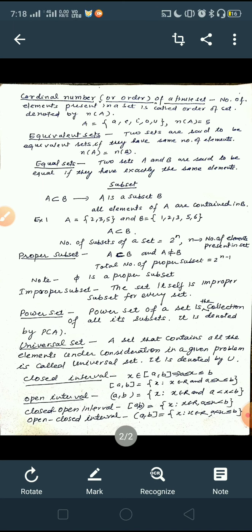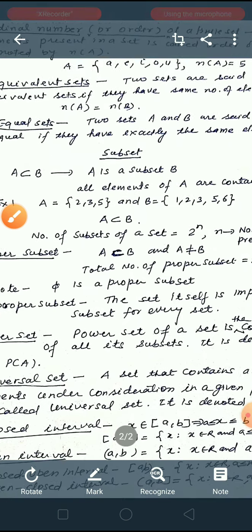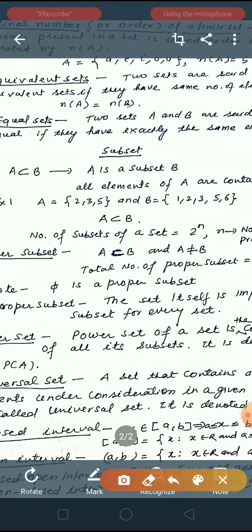So every set has one improper subset. Just note here that phi is a proper subset. Remember this, phi is a proper subset. I emphasize this line: phi is an improper subset, sorry, proper subset. Get my point?